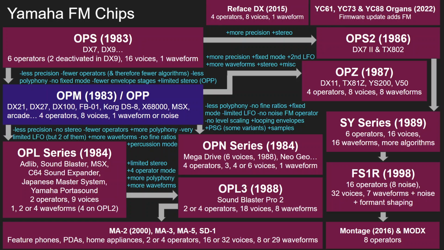So you got the Yamaha Montage and Motif as well. Yeah, so they've got 8 operators. They don't have these extra 8 noise ones, but they have features like what they call skirt and resonance. This was stuff that came in with the FS1R.